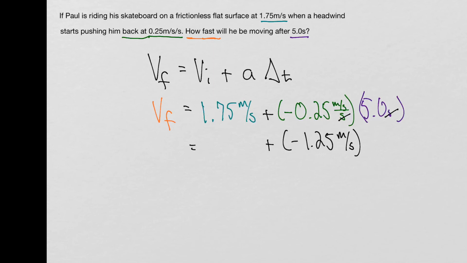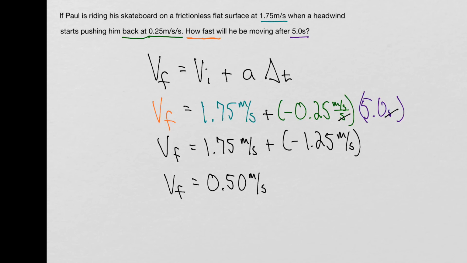Then if we bring down our 1.75, notice that's also in meters per second, our initial velocity. If we add those together, we come up with our final solution of 0.50 meters per second, because we're going to keep the same units. And that would be our solution.